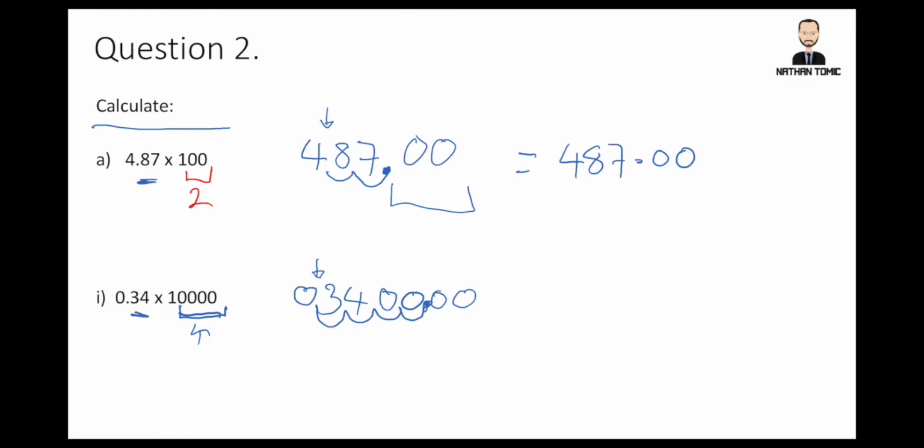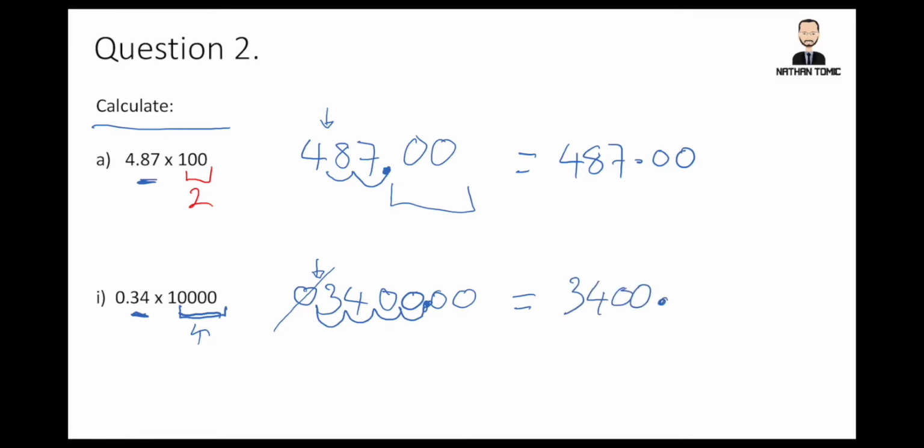Again, I've got 2 decimal places in my question. So I'm going to keep 2 decimal places. So it actually turns out nicely of where it is. But what I don't need to show anymore is this 0 at the front, because we don't show extra zeros at the front or to the left of a decimal place. So my final answer is going to be 3400.